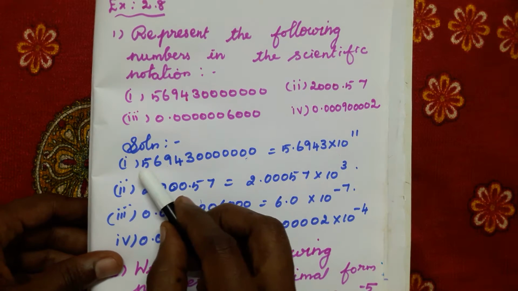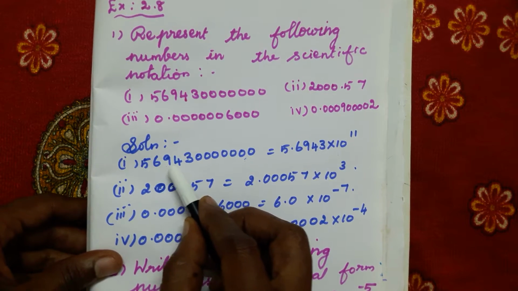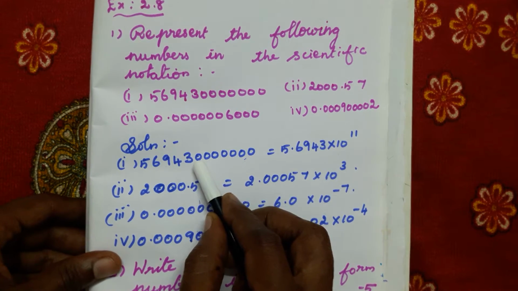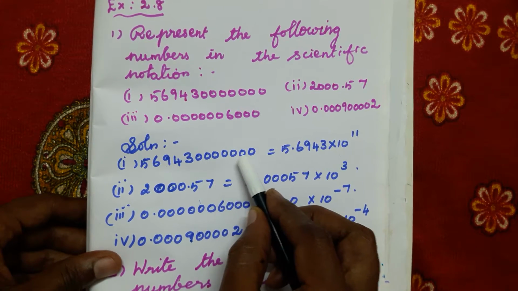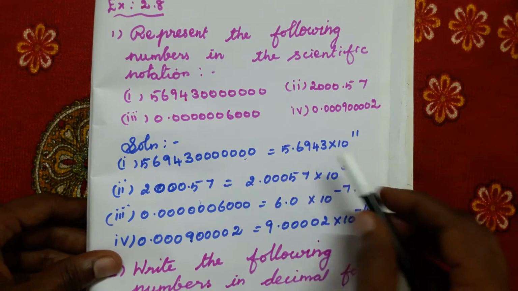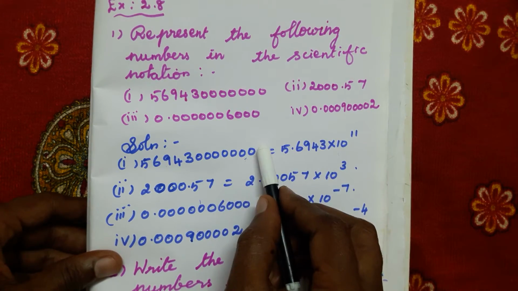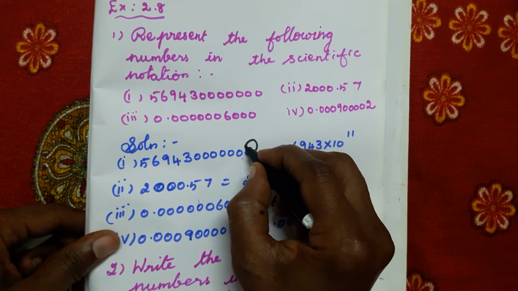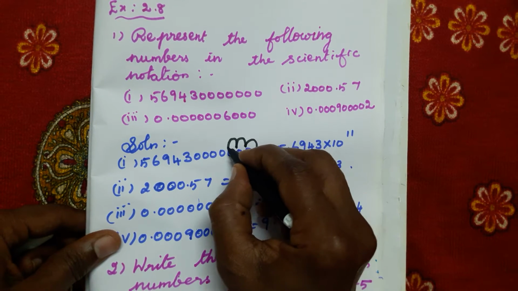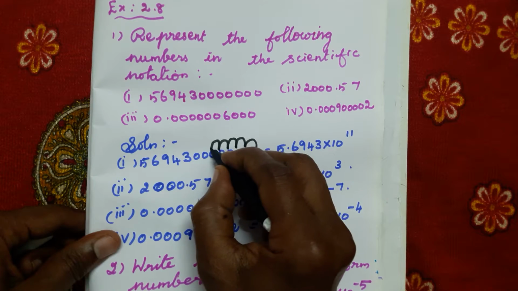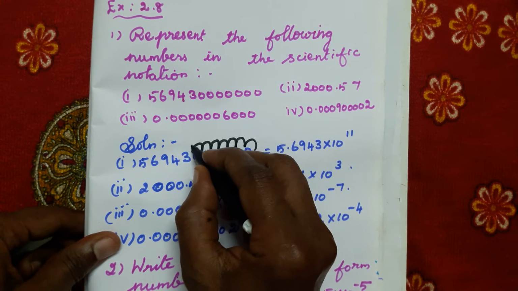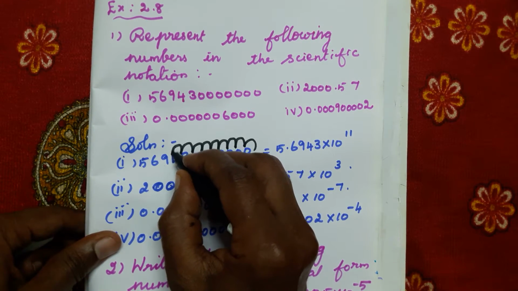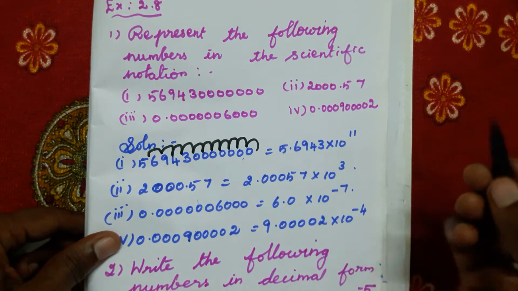So, we can write 5.6943 0000000 into, we have to count the digits. How many digits did we move the decimal point? 1, 2, 3, 4, 5, 6, 7, 8, 9, 10, 11. 11 digits.